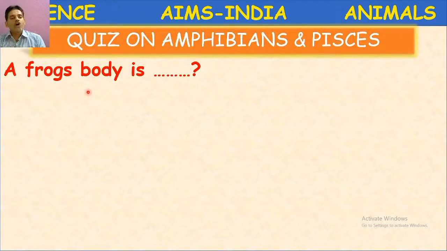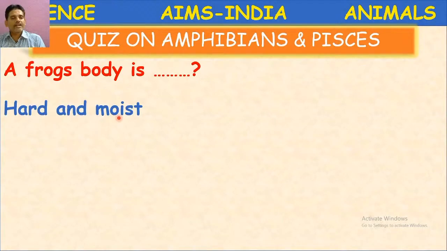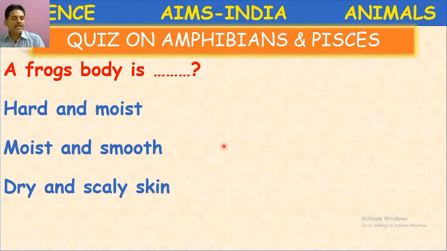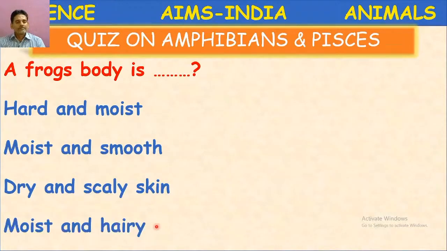A frog's body is hard and moist, moist and smooth, dry and scaly skin, moist and hairy. So frog skin, as we discussed, what is the correct answer, children?